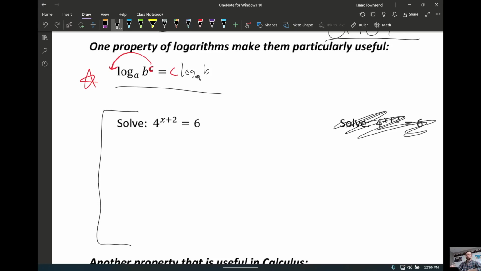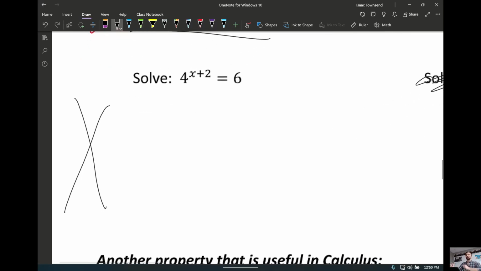But if you're trying to solve an exponential equation, so your variable is stuck up here in the exponent, and again, you can put an X next to this so you remember you don't have to study it, but you still need to copy it down. In math, one of our special tricks is you can take the log of both sides, and that's considered to be mathematically legal because I do it to both sides.